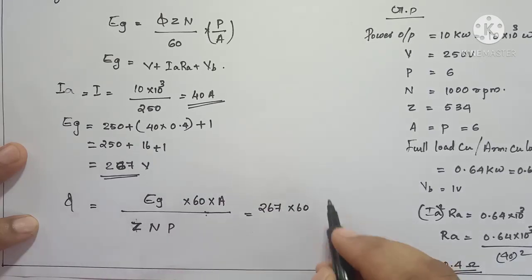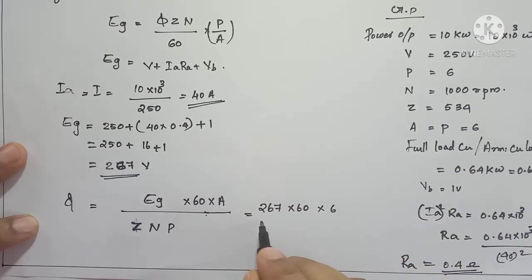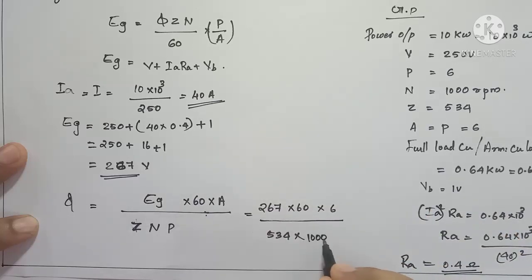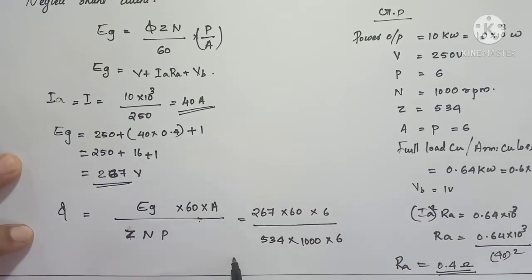A and P are same. 60 into value of P is 6, divided by value of Z is 534 into N is 1000 into P is 6.